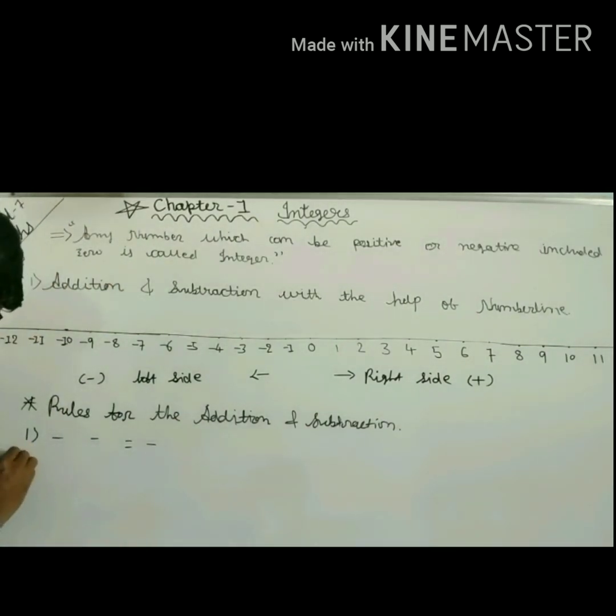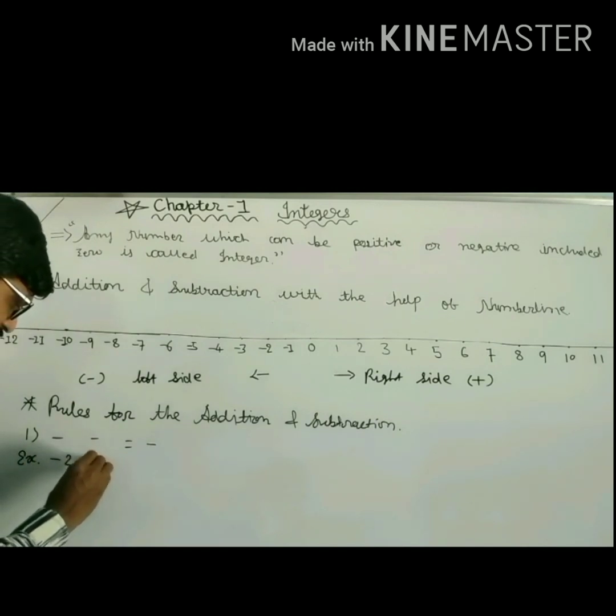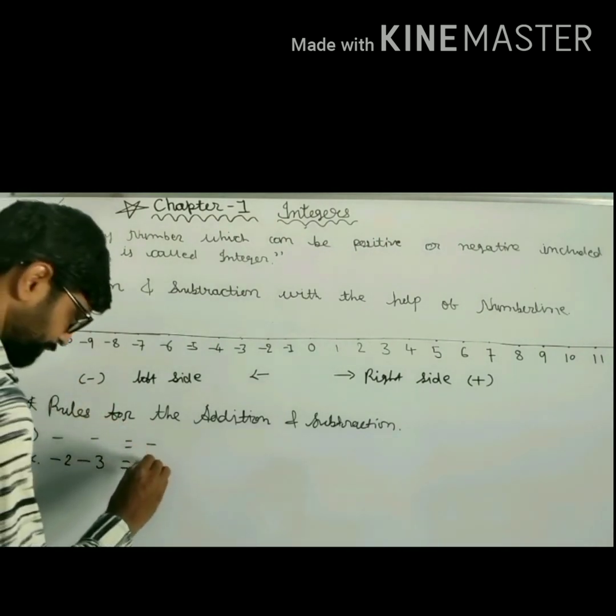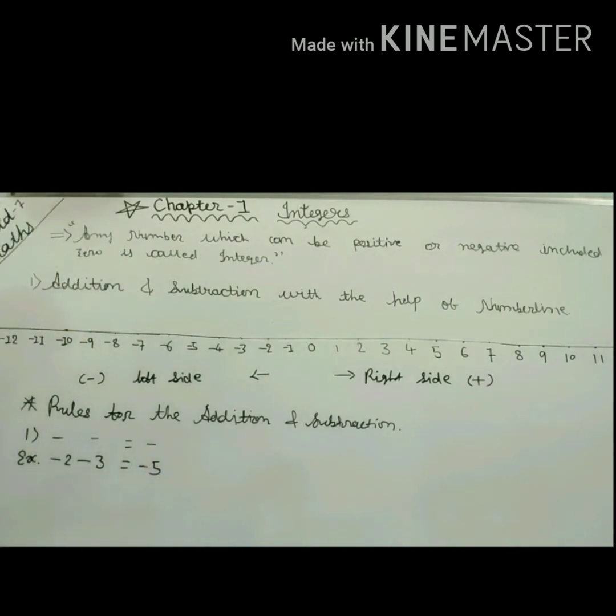For example, -2, -3, both are negative, then put the sign first, then add both the numbers, means -5.